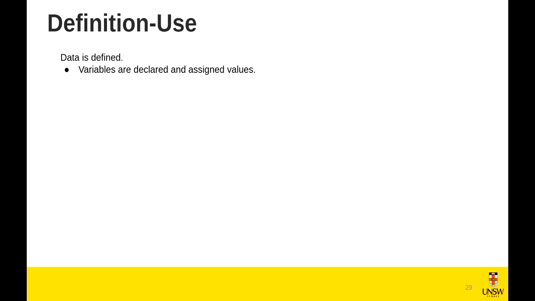So let's say a piece of data is defined. It could be scenarios like declaring new variables and assigning values to them. In some programming languages, you can do the definition and value assignment with one statement. In others, you have to do it with two statements.